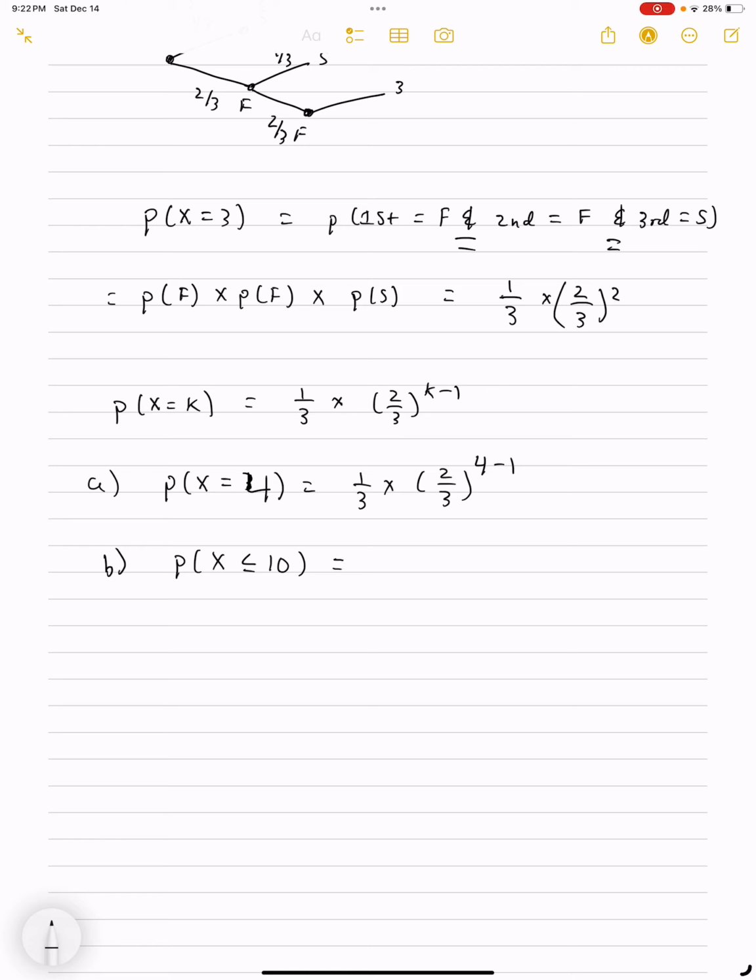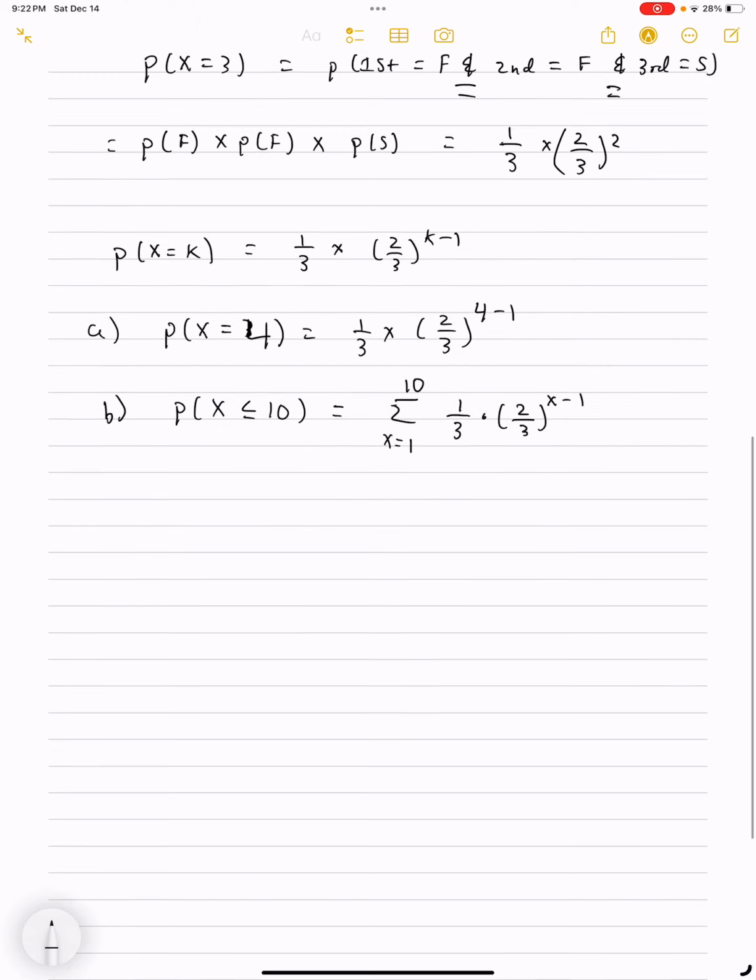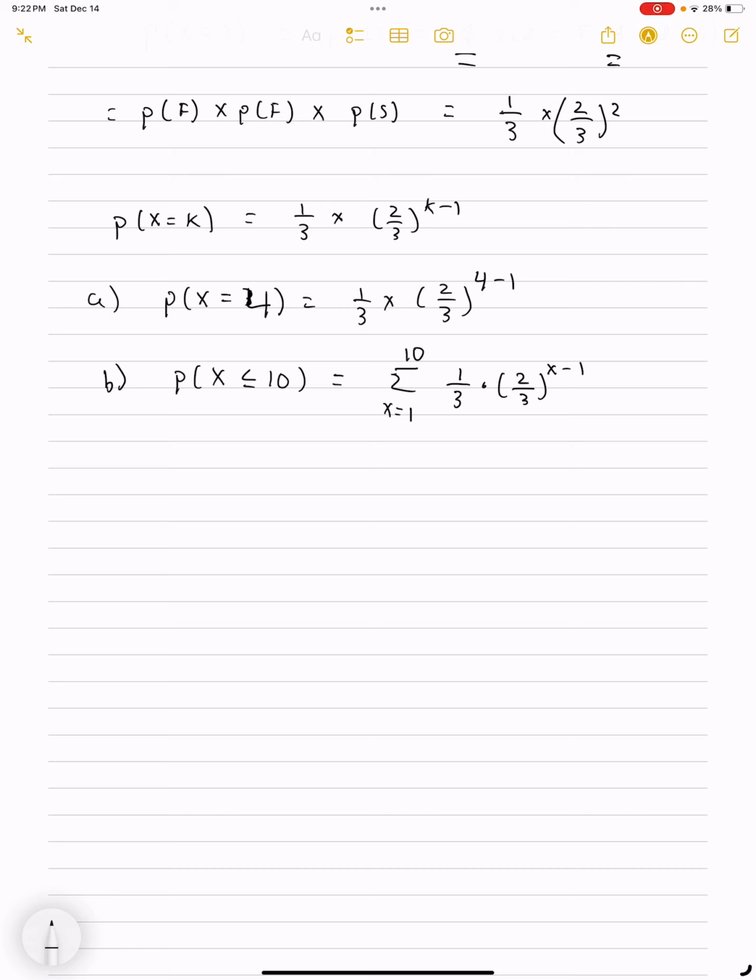Well, this would be the sum from x equals 1 to 10 of 1/3 times 2/3 to the x minus 1. And we can remember this is a geometric sum. And I should add one other critical word there, which is a finite geometric sum.